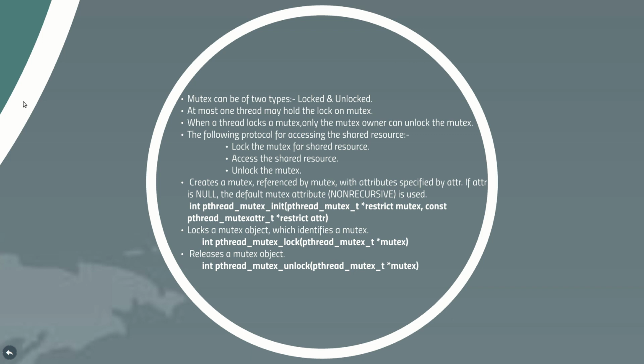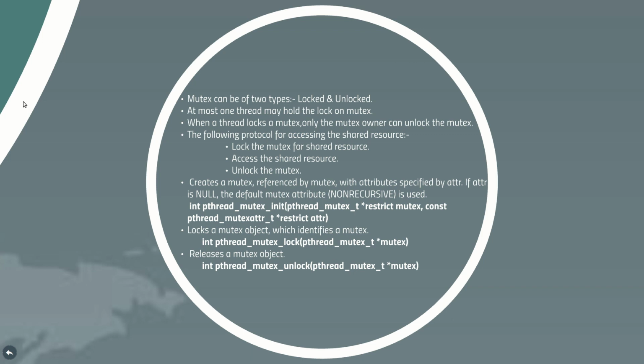Create a mutex referenced by the mutex with the attribute specified by the attribute. If the attribute is null, then the default mutex attribute is used, which is non-recursive. Okay, so you can initialize the mutex by using pthread_mutex_init.